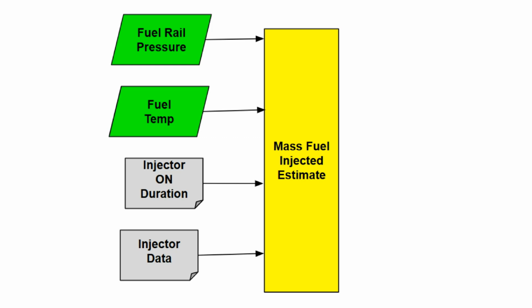The ECM may be able to monitor if we have a drop in rail pressure when an injector is commanded on to determine that it actually injected some fuel, but accurately determining or verifying the mass of fuel injected based on rail pressure drop isn't probably possible. And as we'll see later, injector issues can surely be a source of exhaust temperature diagnostic trouble codes or problems, as we'll show later on.